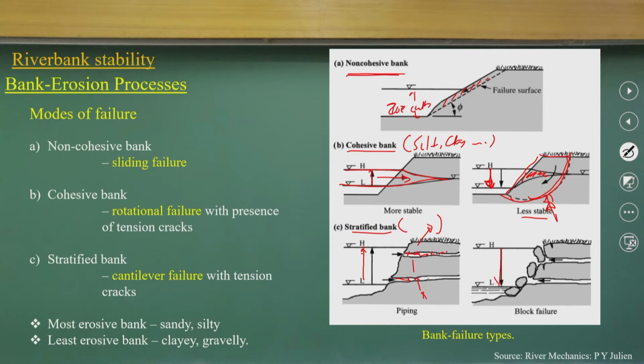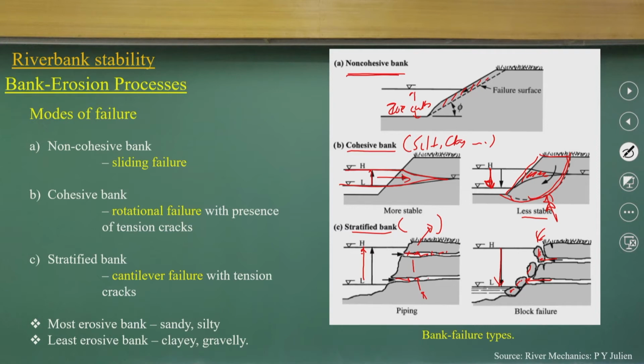As it recedes, the water also comes back. Because of that, you will have top surface cracking, cantilever type failure mechanisms will happen, and you will have mass wasting like this.